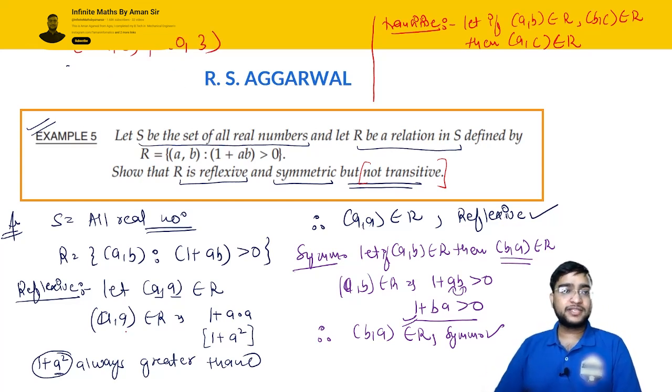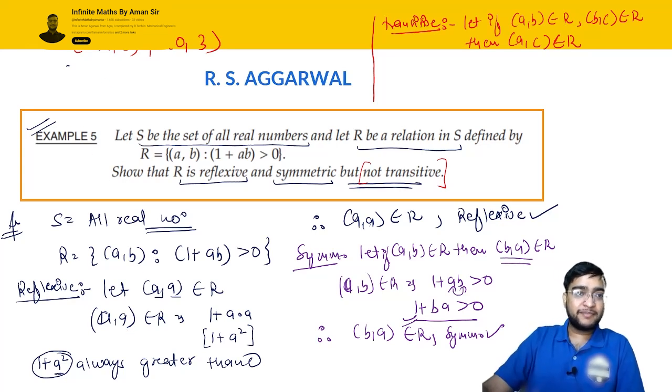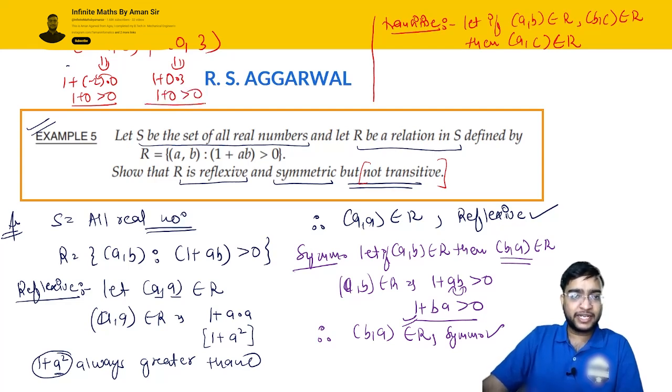Is the condition fulfilled for -2 comma 0? Yes sir, because 1 plus -2 into 0 is 1 plus 0, which is greater than 0. Is the condition also satisfied for 0 comma 3? Yes sir, because 1 plus 0 into 3 is also 1 plus 0, which is greater than 0.